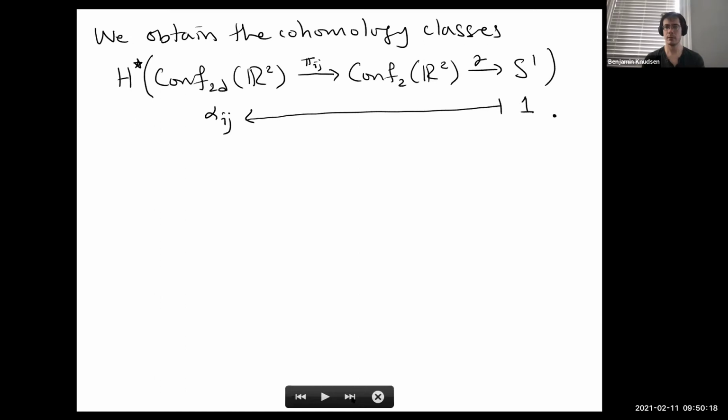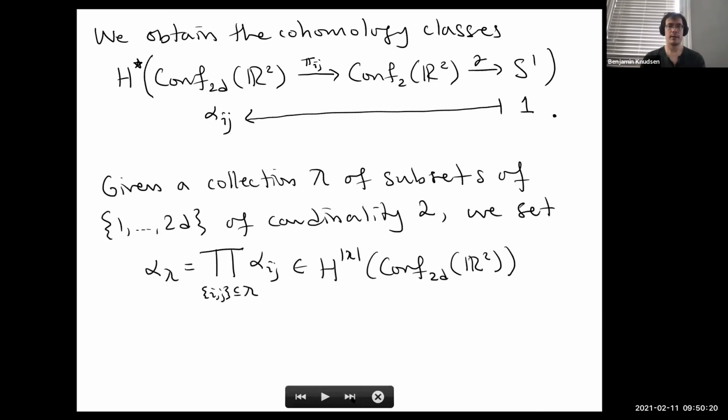Okay, well, we can do something slightly more systematic than that. So if we want to have more complicated cohomology classes, we can just take a collection of subsets of 1 up to 2D, each of which has cardinality 2. And we could just multiply together alpha ij for each ij that happens to be a member of lambda, this collection of subsets.